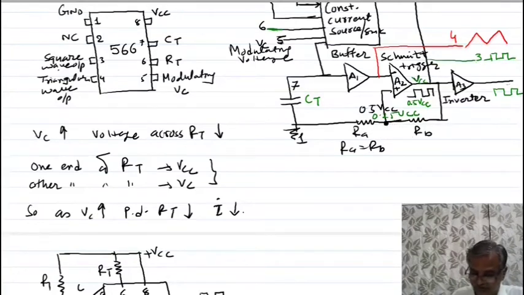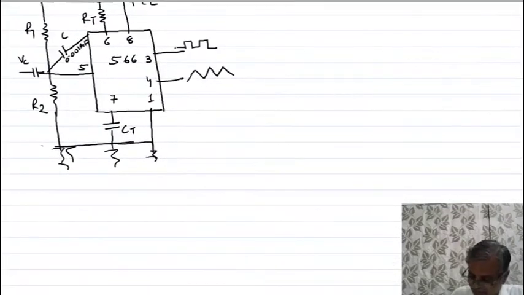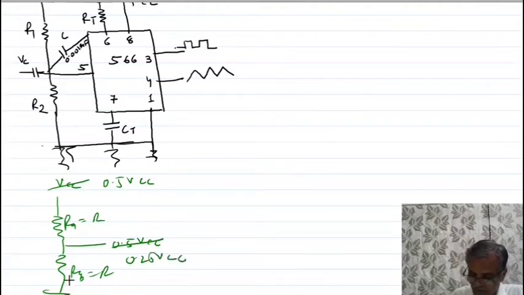For those who do not understand this argument, I am showing you this potential divider network. This RA, this RB, both are equal. If this is VCC, this voltage will be 0.5 VCC. If this is 0.5 VCC, then this will be 0.25 VCC, because the voltage will be halved since both the resistors are the same.